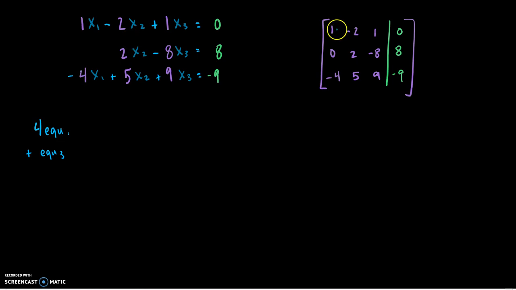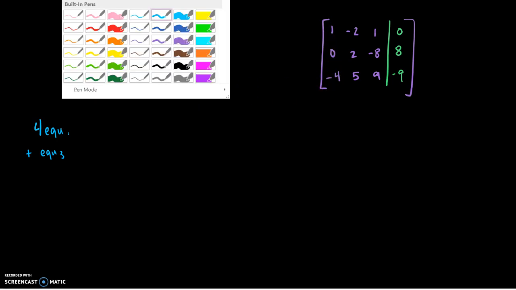It's helpful to look at the matrix, because all we're really worrying about is the coefficients. We take 4 times the first equation and add it to the third because when I multiply the first equation by 4 and add it to the third one, this negative 4 is going to cancel out, and you'll see what we mean by that right now.